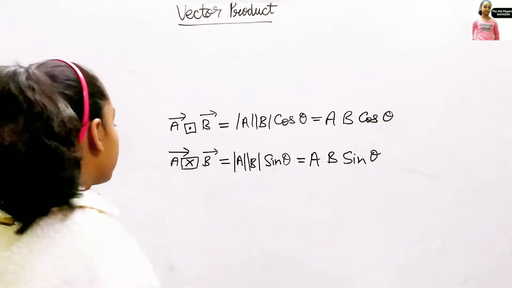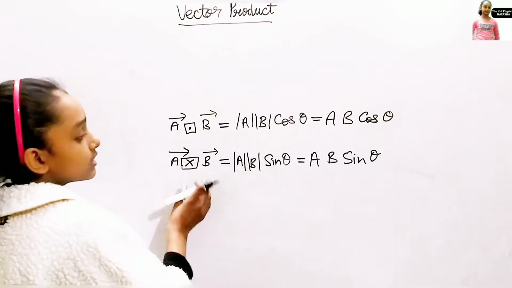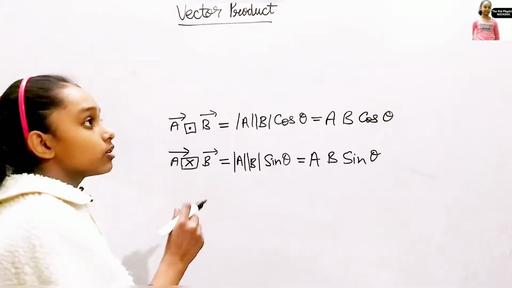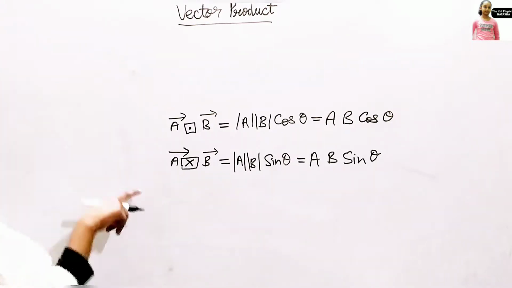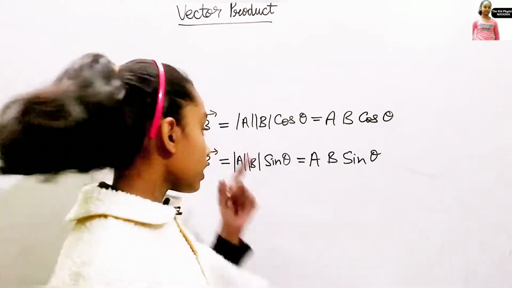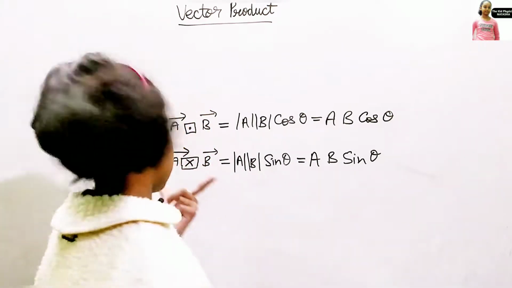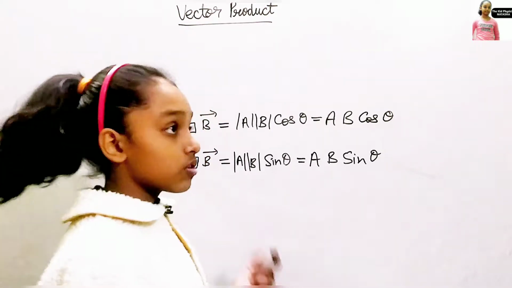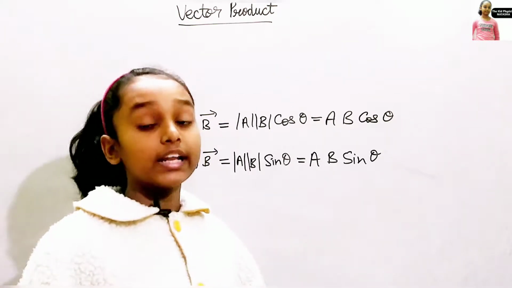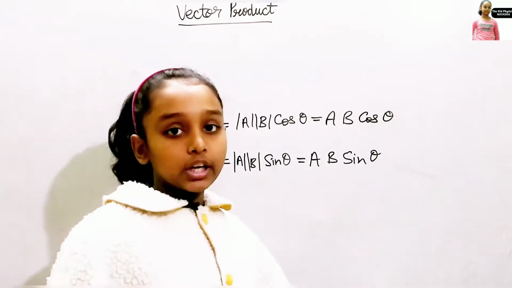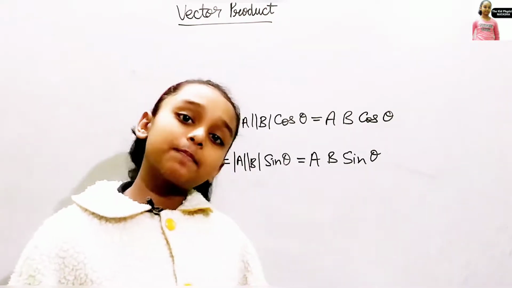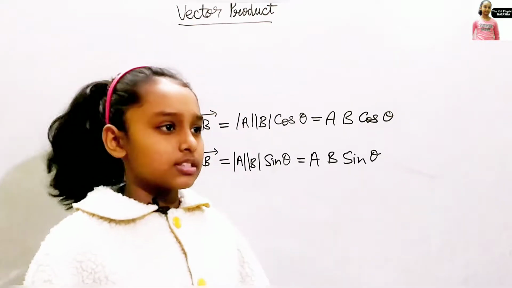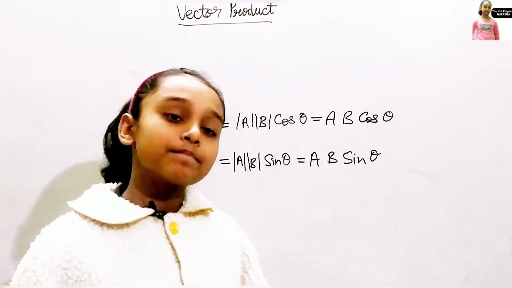When we do cross product of two vectors, we get a vector quantity, and that's why it is known as vector product, meaning the product of vectors.